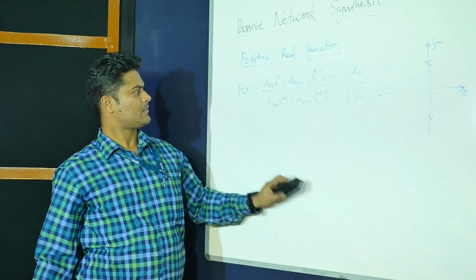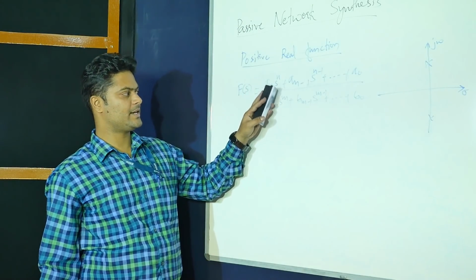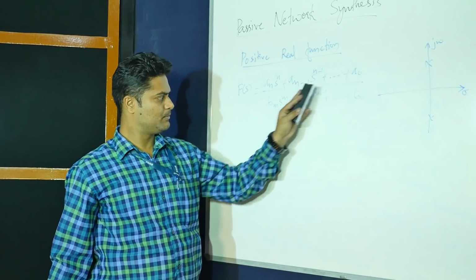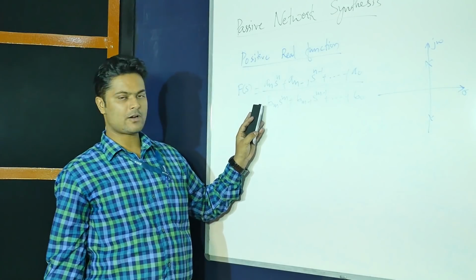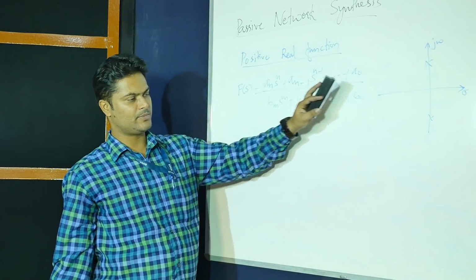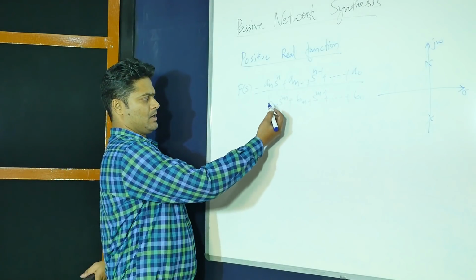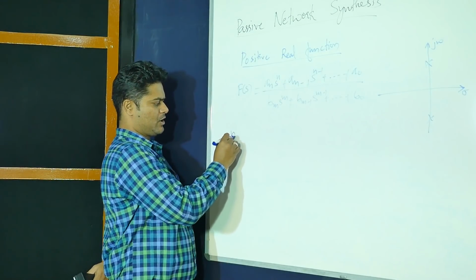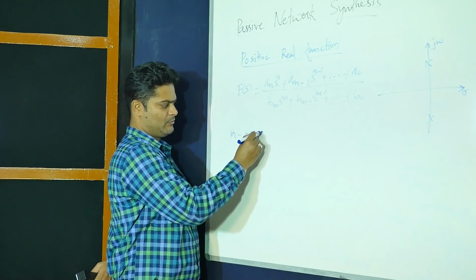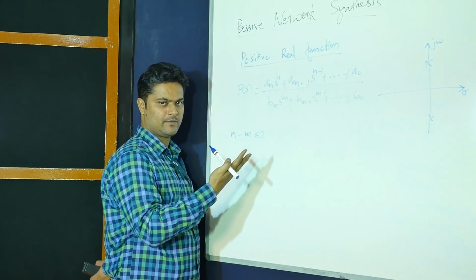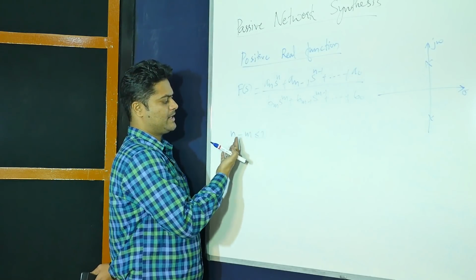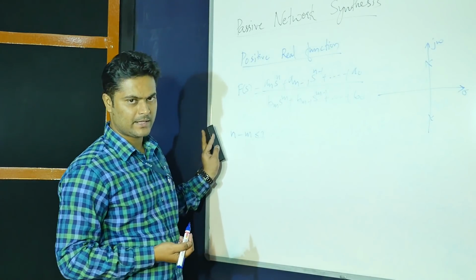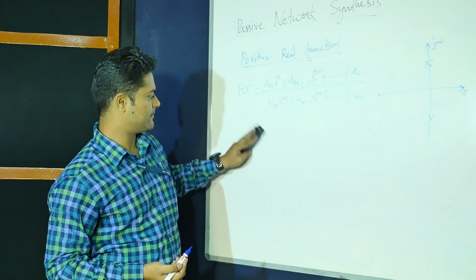So given a function, the numerator is there, the denominator is there, and we know that all the poles, all the roots which are derived from the denominator function, should lie in the left half of the s-plane, and the degree of the denominator compared to the numerator should not be greater than 1. It will impair the stability, so n minus m should be less than or equal to 1. So we will go with n minus m equal to 1.